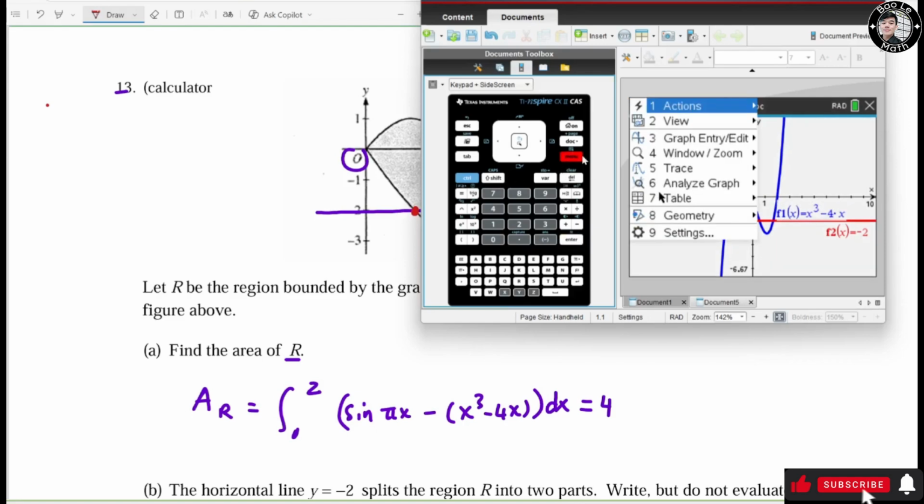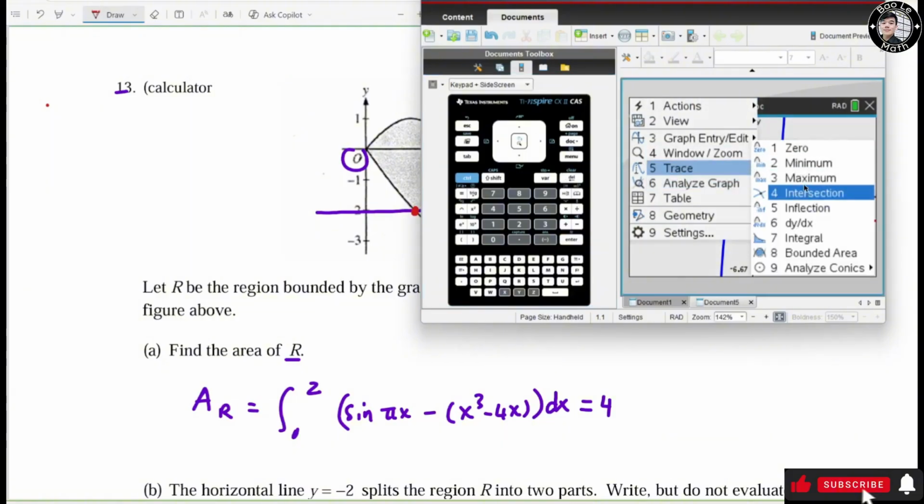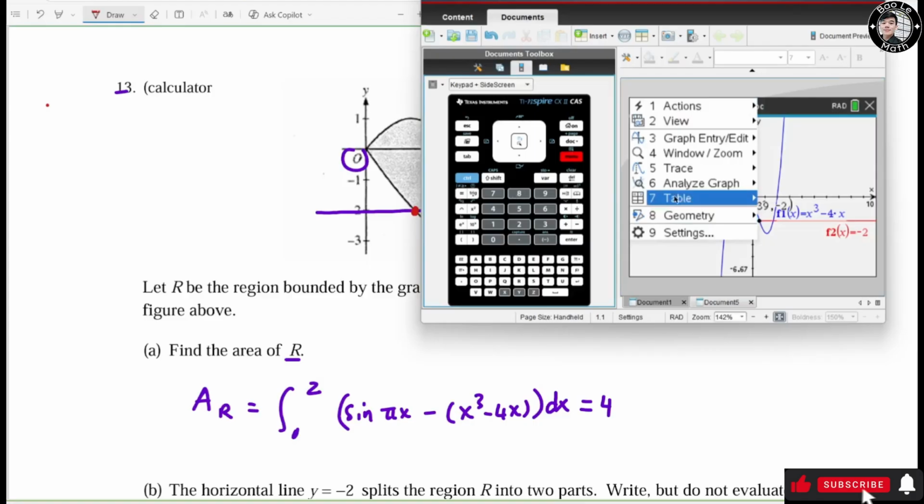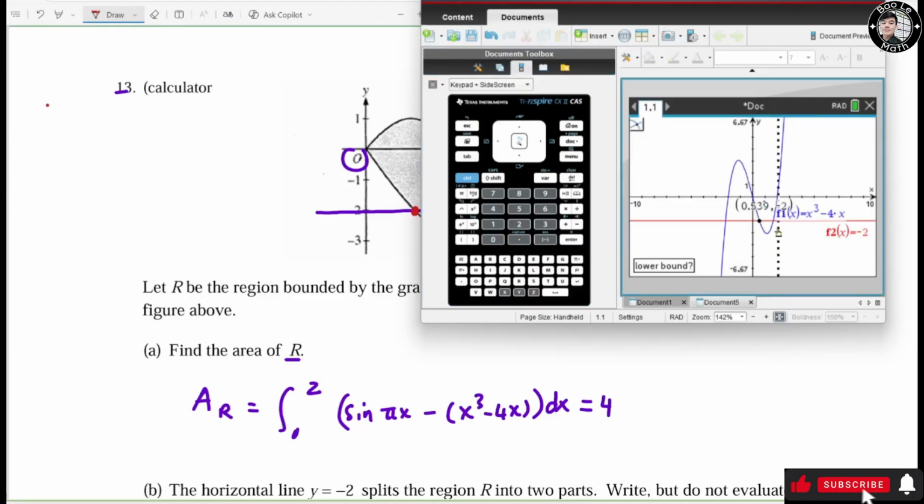So we're going to press menu, number 6, number 4, go to the left, go to the right, it's going to be 0.539, and menu, number 4, go to the left, go to the right, it's going to be 1.68, right? So your area should be the integral from 0.539 to 1.68.